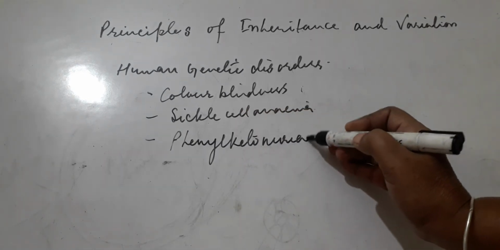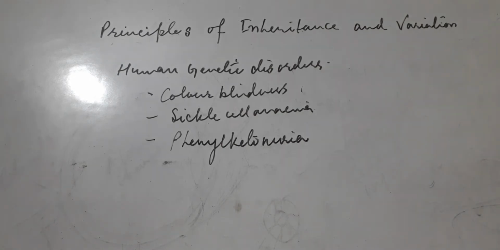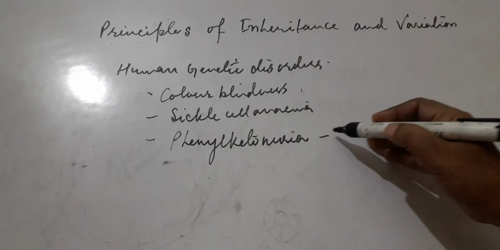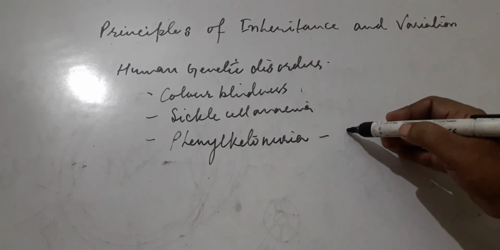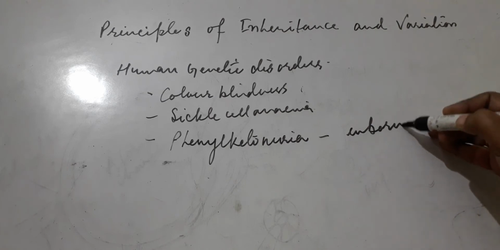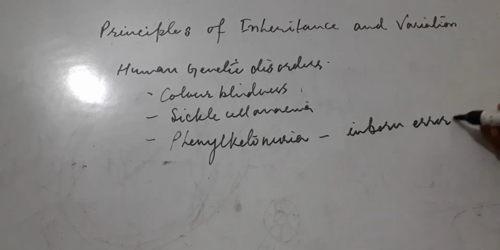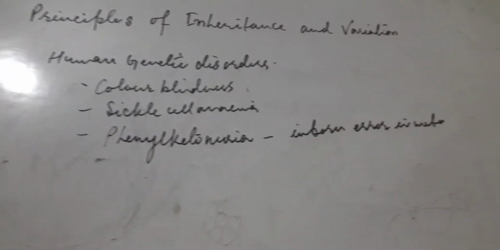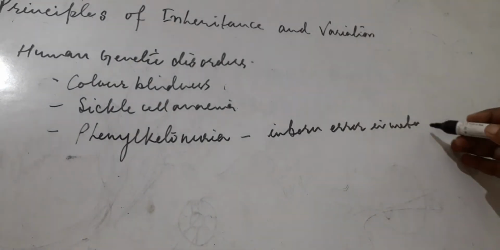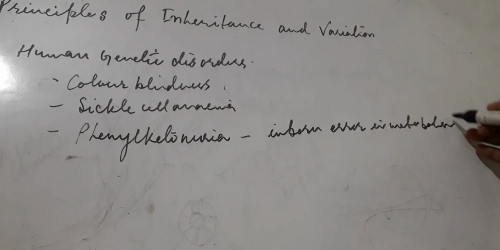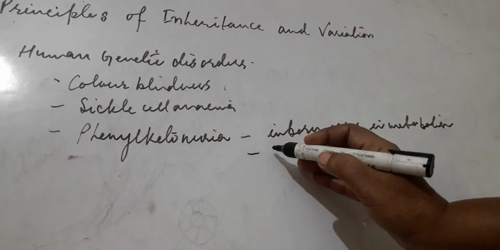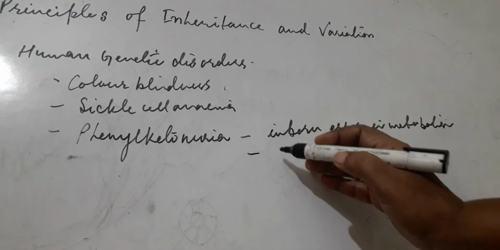Phenylketonuria is a metabolic inborn error. It is inherited from autosomal inborn error in metabolism, and it is due to an autosomal recessive trait.